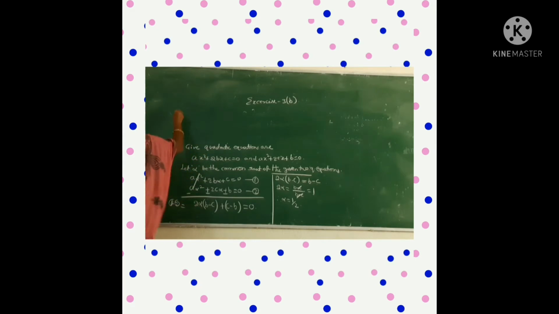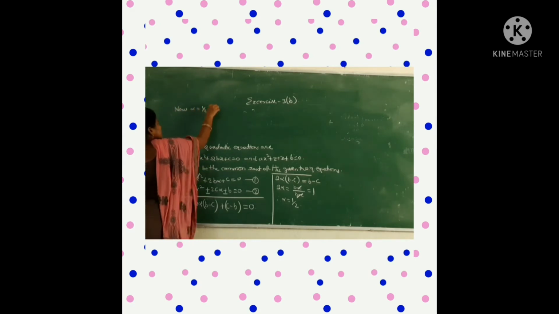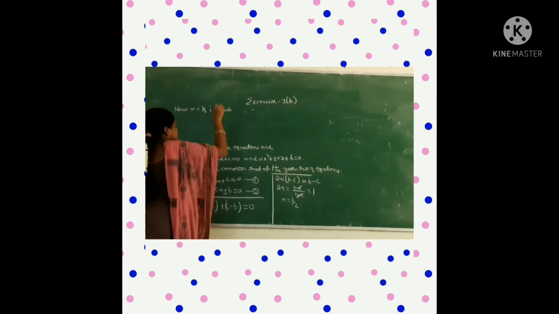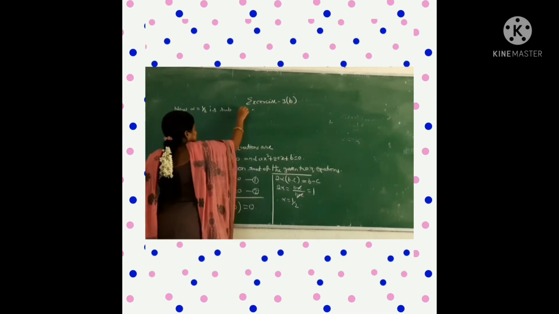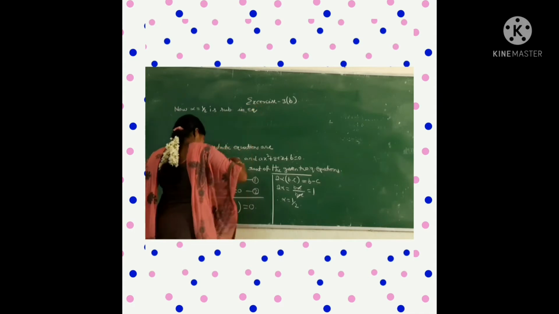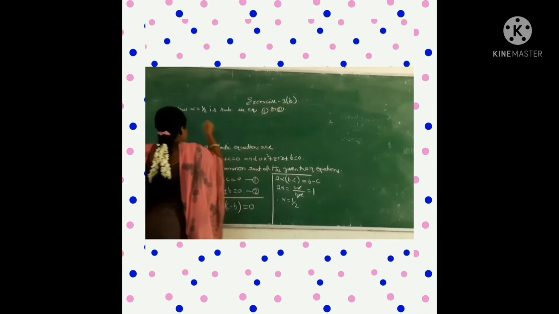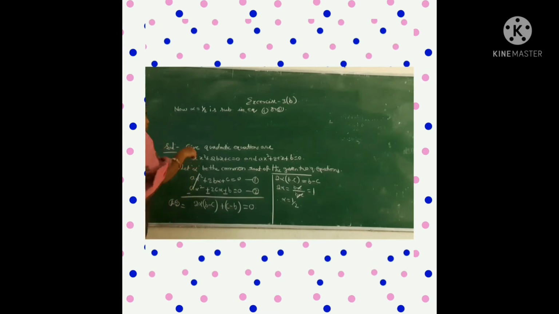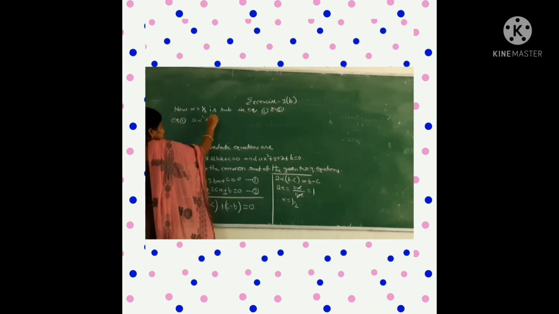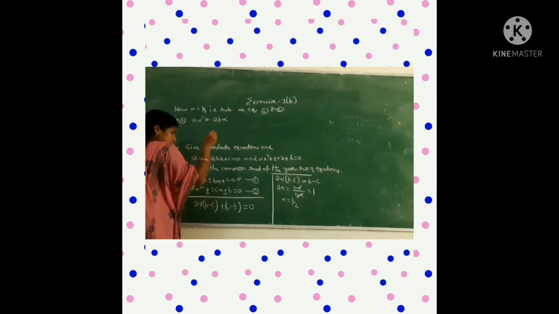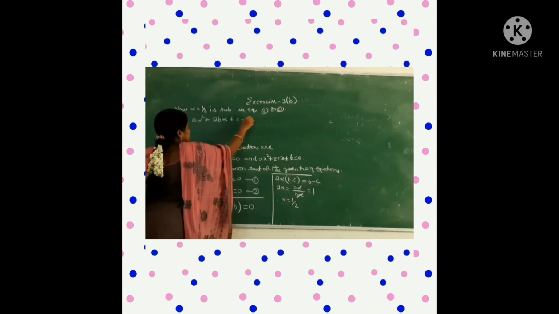So now alpha is equal to 1 by 2, substitute in equation 1 or 2. I substitute in equation 1: a alpha square plus 2b alpha plus c is equal to 0.